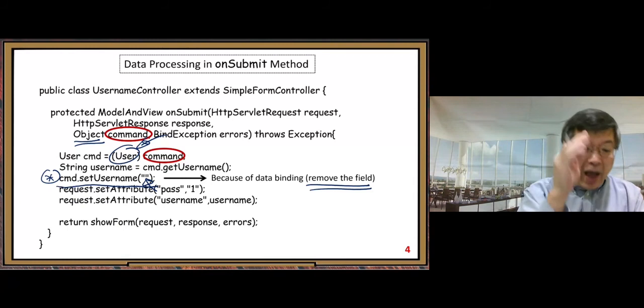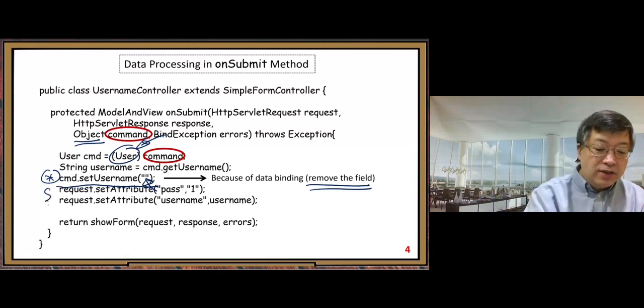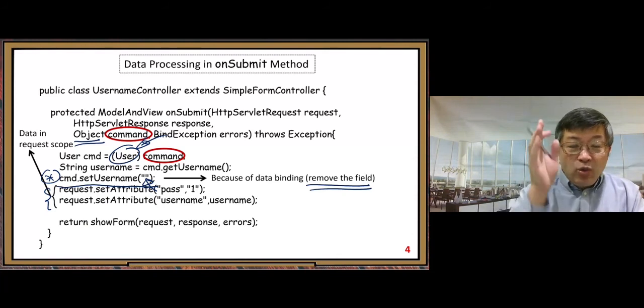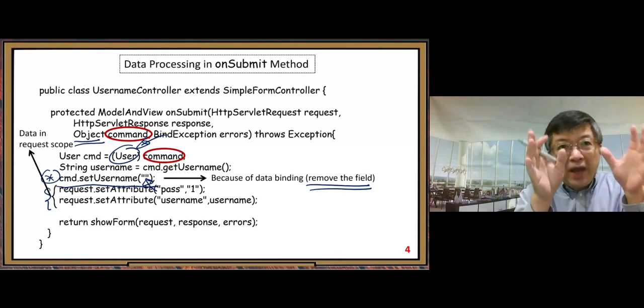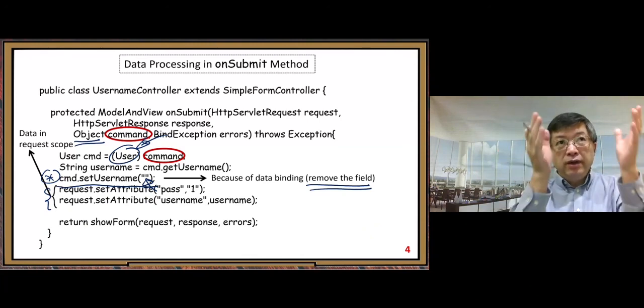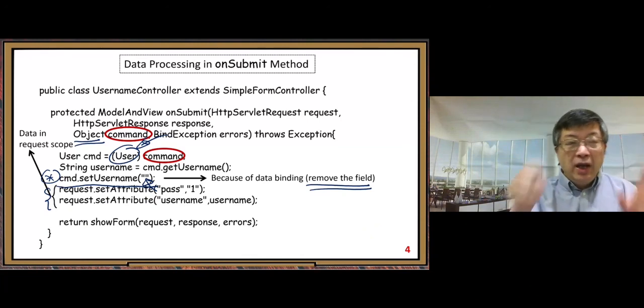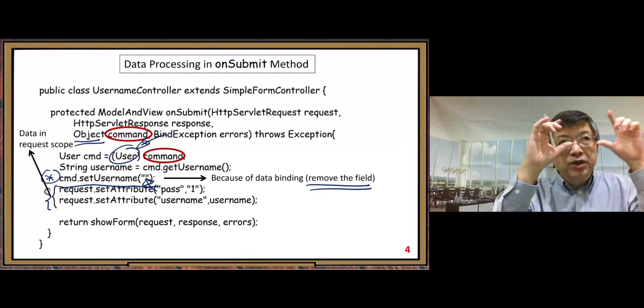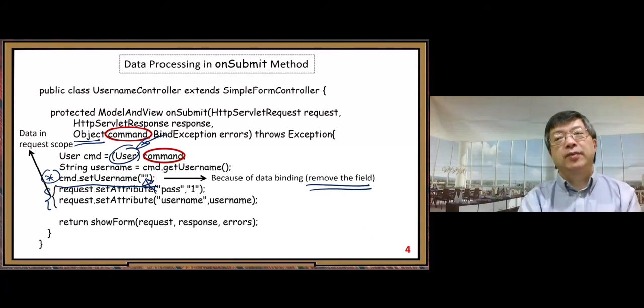All right, after that, why do we do this? So think about why we do that. We need to store some data in the request scope. But why do we need to store the data in the request scope? The reason is the input page will be used twice.